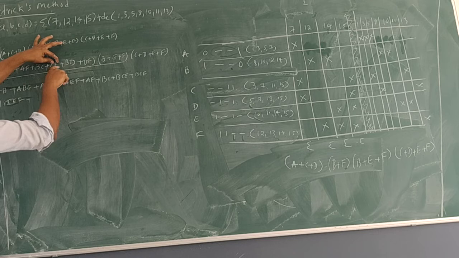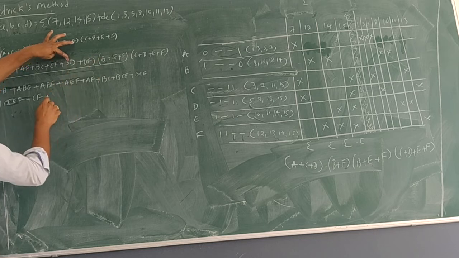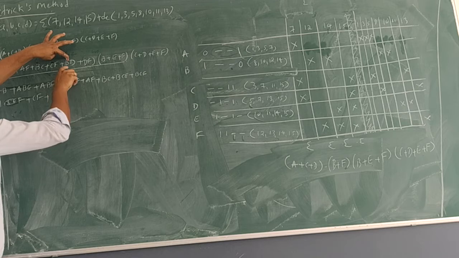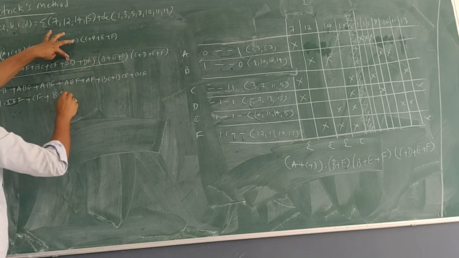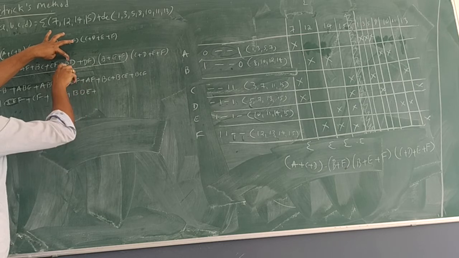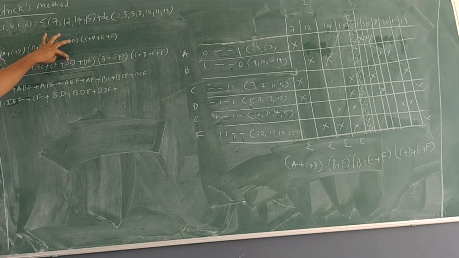CF into F will be CF, plus BD into B, which will be BD. BD into E will be BDE, plus BD into F, BDF.